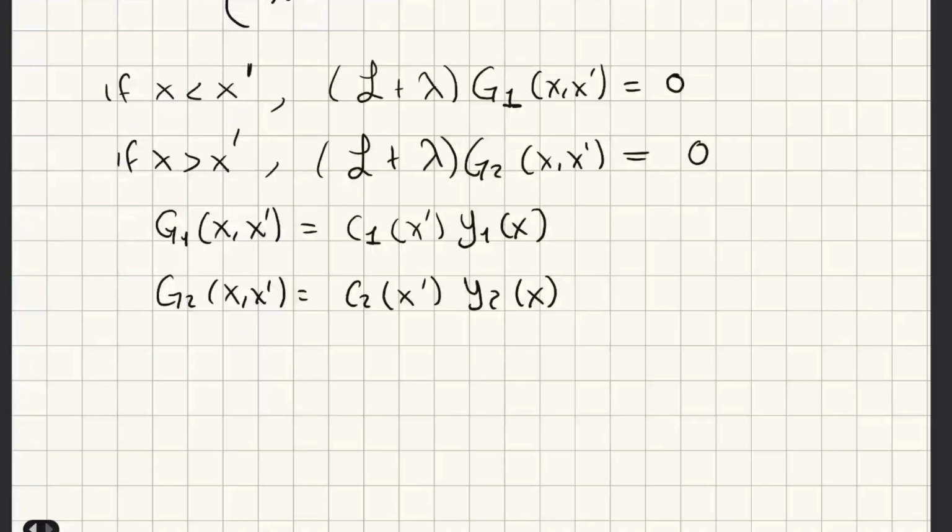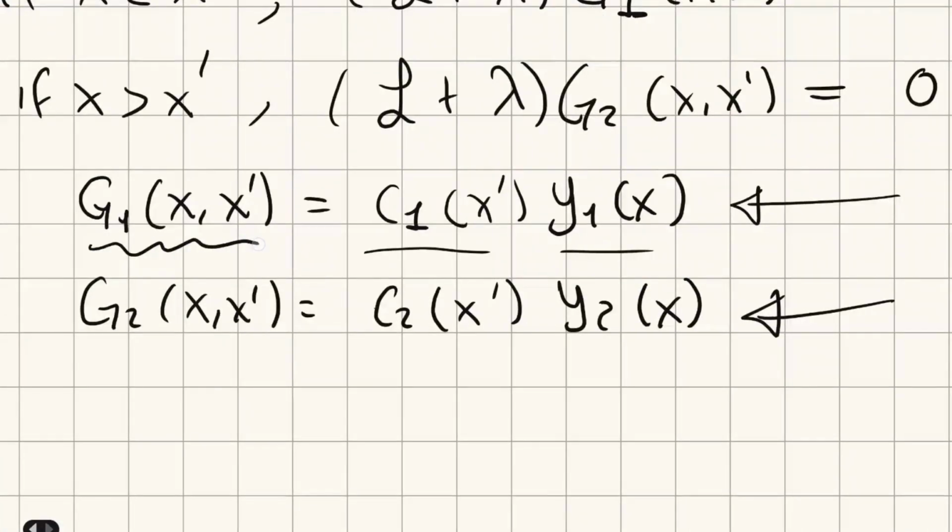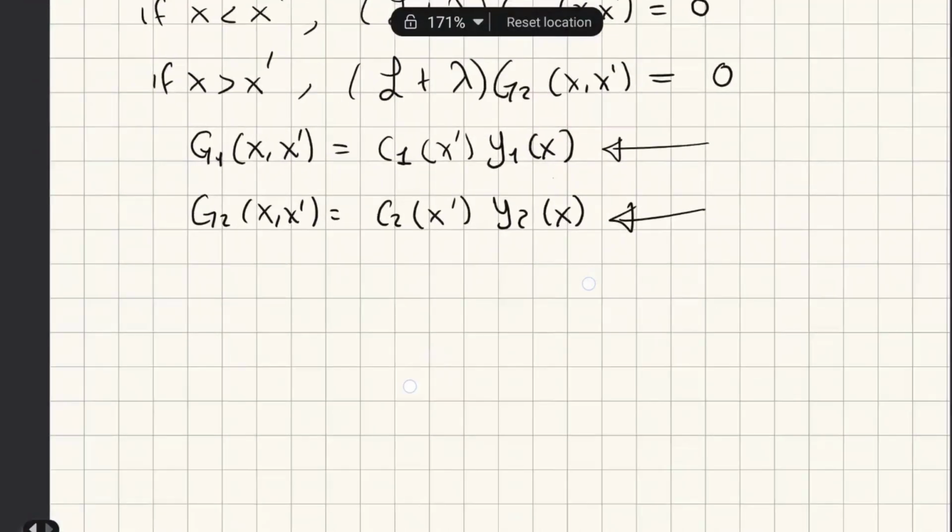So what we are doing here is to split the green function into two pieces and to express it as the product of two functions, the first one of x prime and the other one of x, knowing that the green function has to be a function of two variables. Okay, so we are going to write it in this way.